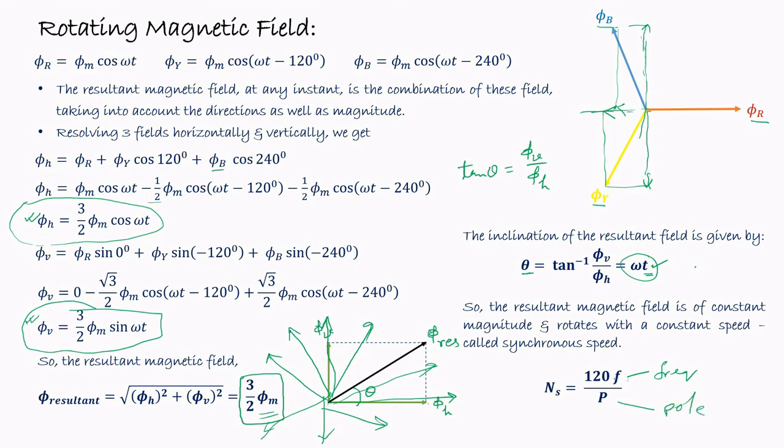Therefore, for a particular machine with a constant supply, the value of ns will be constant. That means the resultant magnetic field is of constant magnitude, and it will rotate with a constant speed, which is considered as the synchronous speed. This is the base of the operation of a three-phase induction motor or other AC machine.